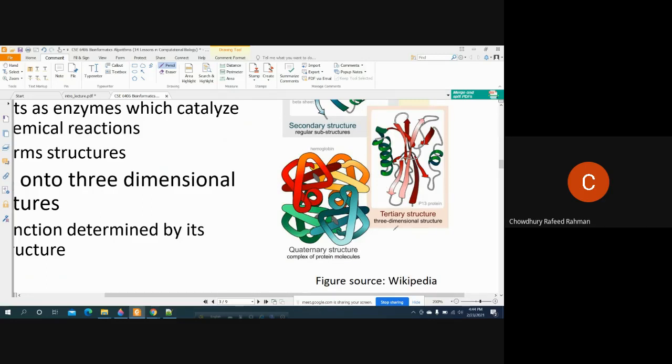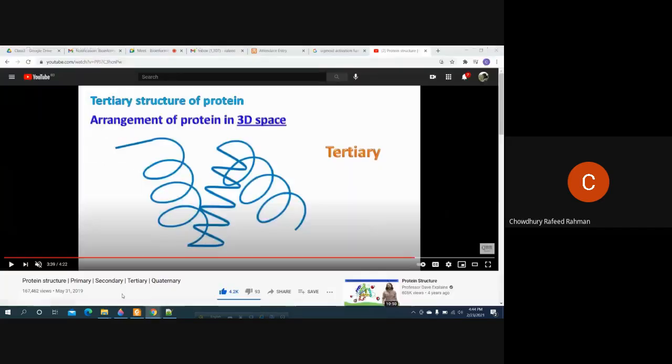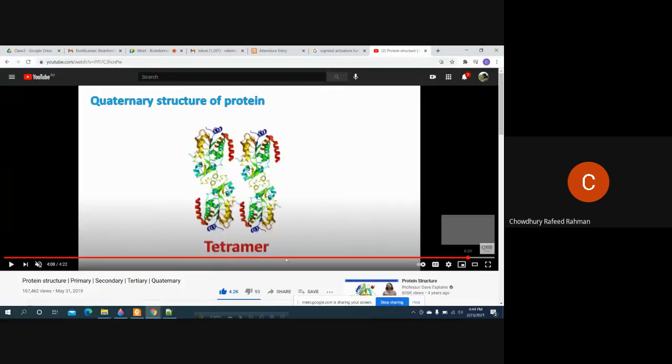Okay. The final structure is the quaternary structure. Now we all know that in a society where we live, we cannot do anything alone. We need many people to make some effort fruitful. Protein is not very different from us. Proteins come together like this and form quaternary structures and function together.